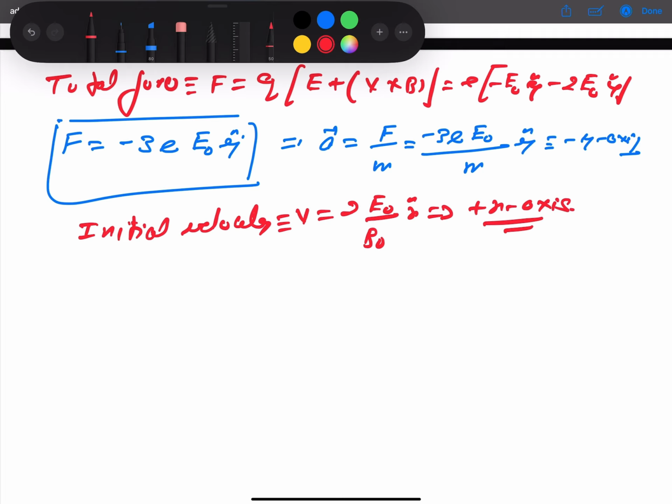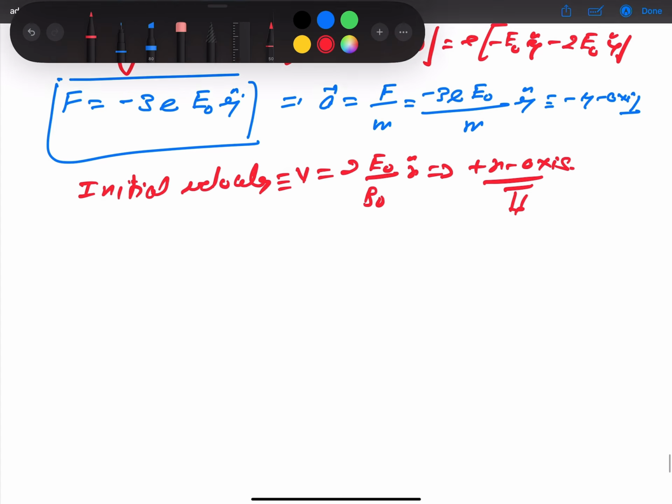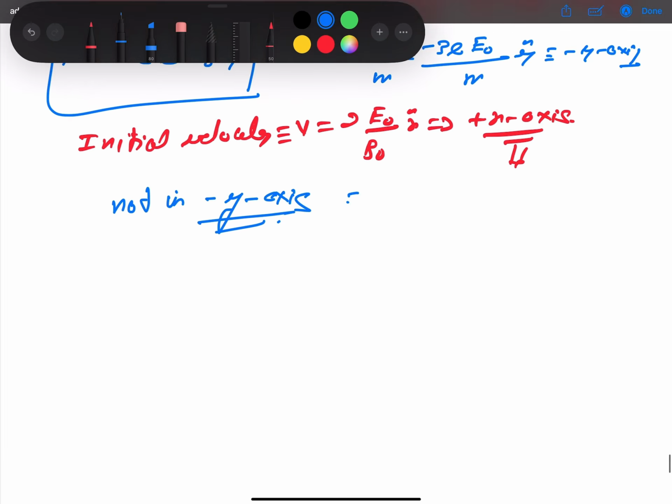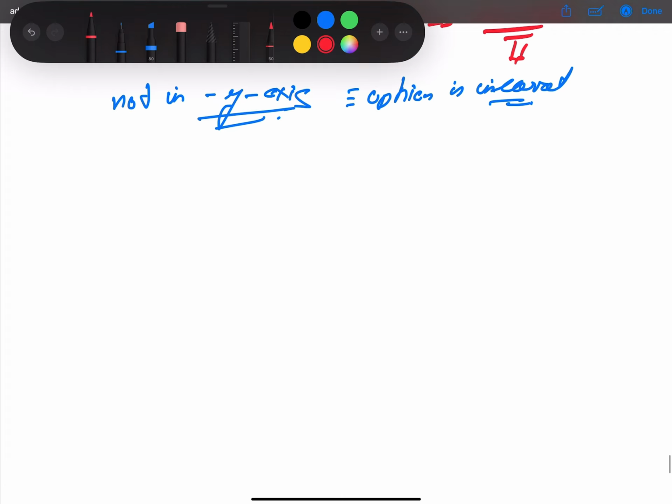So it is not along our minus y axis. It means there is a change in direction, or we can say a curved path is being followed. So this option is incorrect. Let us come to option B.